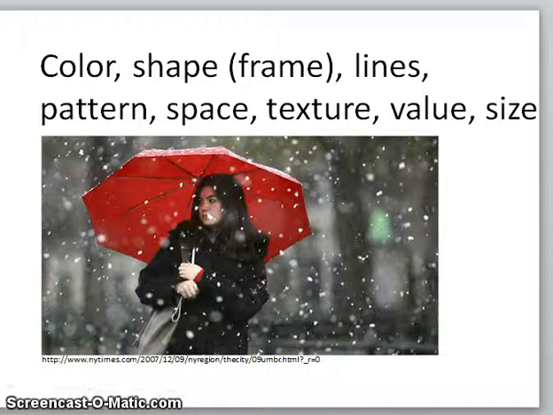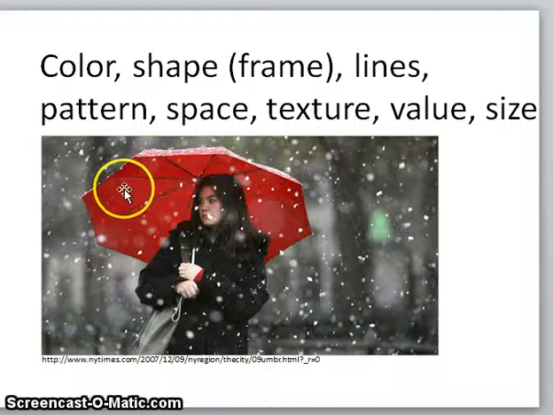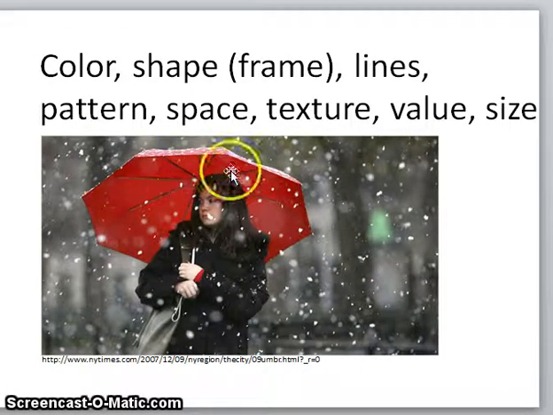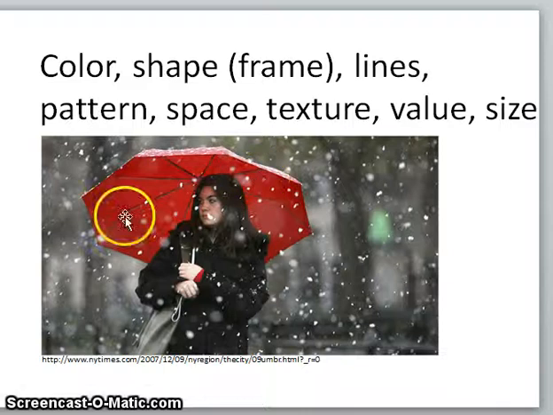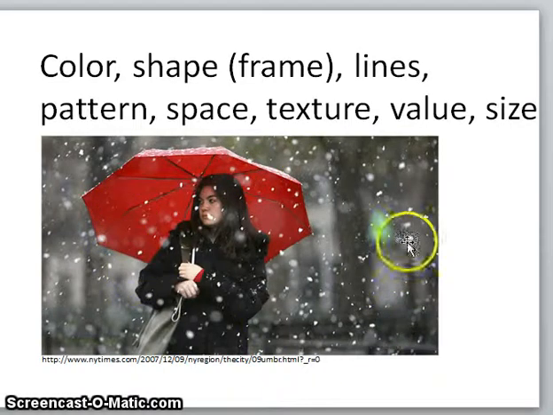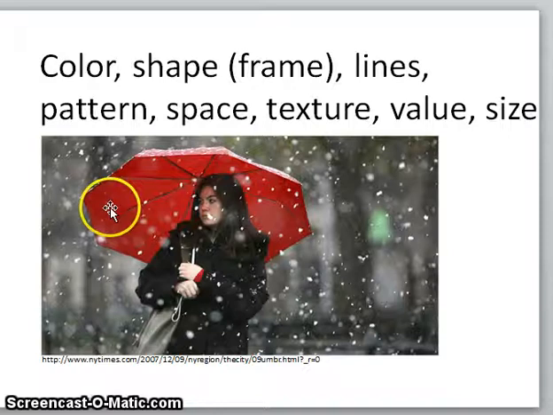In this case, not a super great picture, but the umbrella is the color red, which leads our eyes right there. The umbrella creates a shape, which kind of frames in our subject. The lines inside of the umbrella lead to our subject's face. The lines also create a pattern. There's some negative space off to the side, so the subject is framed off to the left side more, which emphasizes our subject.